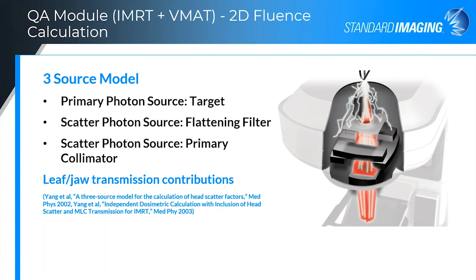One can review a 2D fluence map along with the dose points in this module. This three-source model, which was developed by Yang et al. from Stanford, consists of a primary photon source, which is placed at the target of the LINAC. There are two scatter photon sources, one positioned at the base of the flattening filter, which is a disk source in approximately this region.